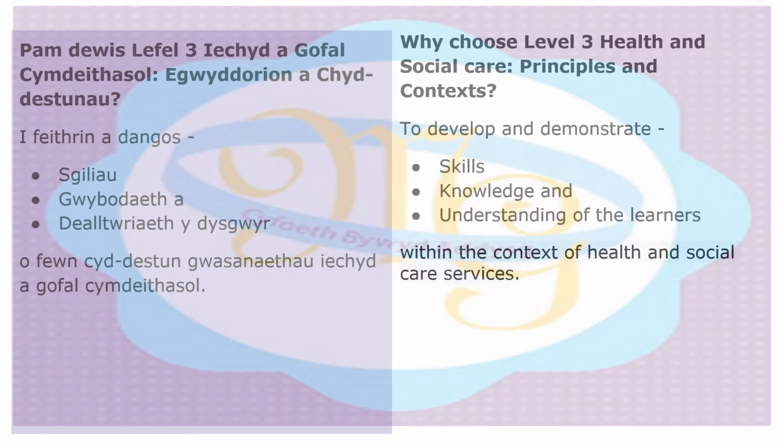The Level 3 Health and Social Care Principles and Context enable you to develop and demonstrate knowledge, skills and understanding within the context of health and social care services. You will have the opportunity to develop your understanding of influences on human growth, development, behaviour and well-being.